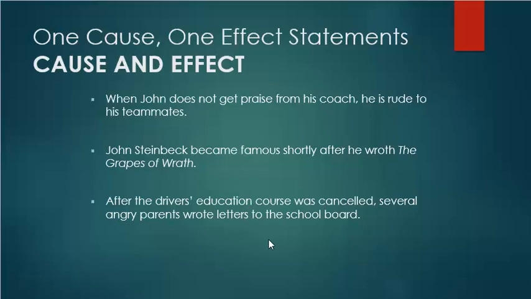Final sentence. After the driver's education course was canceled, several angry parents wrote to the school board. So, the cause was that the driver's education course was canceled, and the effect of that, or what happens next, several angry parents wrote letters to the school board.